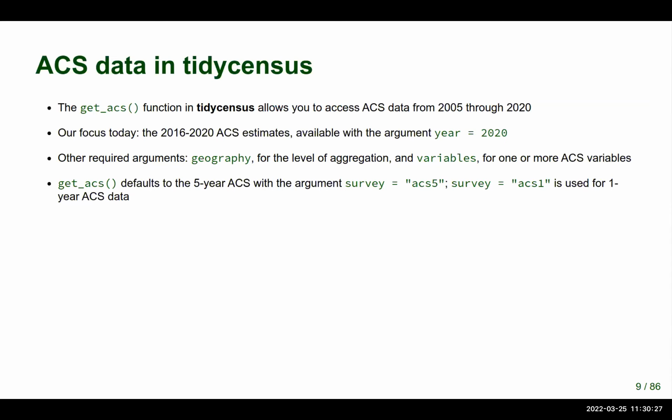You can put in survey equals "acs1", but if you try to do that with the year equals 2020, it will throw an error because tidycensus does not support the 1-year 2020 ACS experimental estimates. They aren't published to the API. They're in a different format from previous years. And so tidycensus doesn't support those estimates. You need to download those manually.